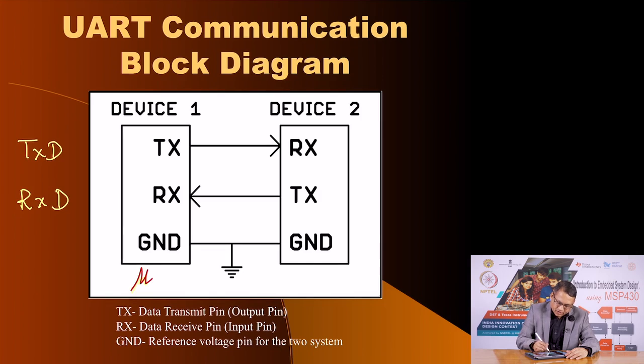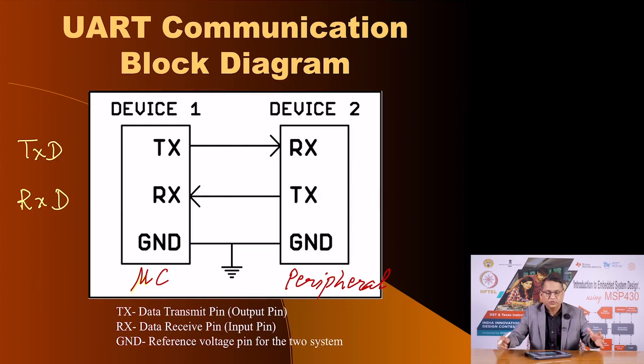One device could be a microcontroller, and the other device could be some peripheral, or you could have both devices as microcontrollers. It could be 2 independent devices that want to communicate with each other using the UART protocol.